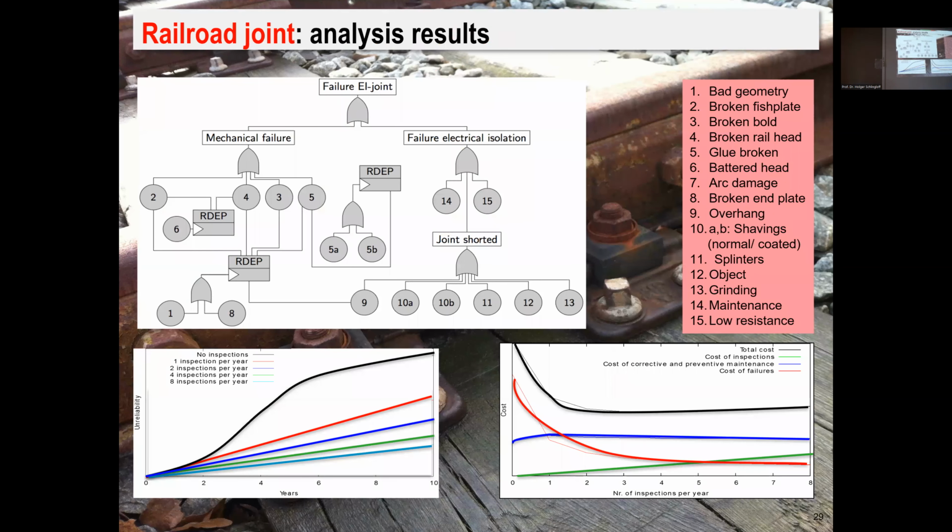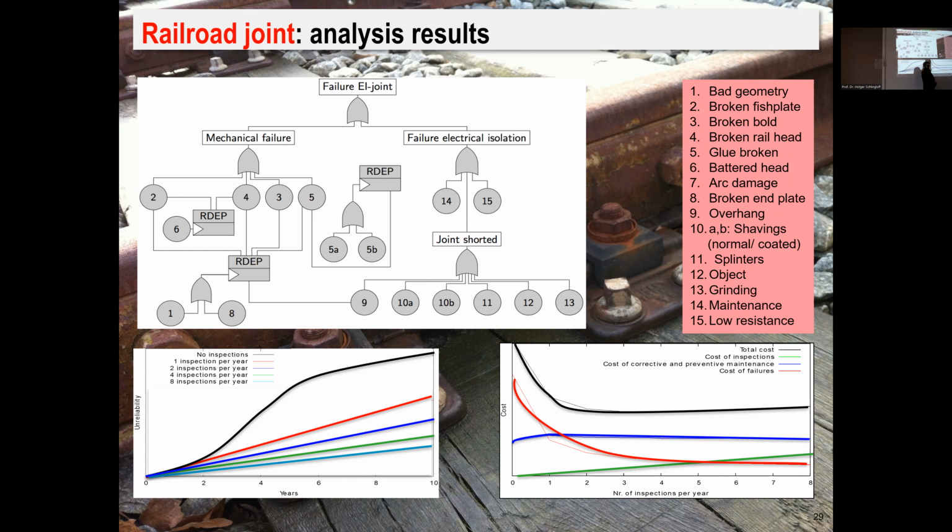So this is the fault tree that we made out of that, and we investigated several maintenance regimes. With no inspections at all, you get very high unreliability. Then we tried 1 inspection per year, 4 inspections per year, 8 inspections per year, and of course, after doing an inspection, you also take appropriate action. And here you see the maintenance costs.